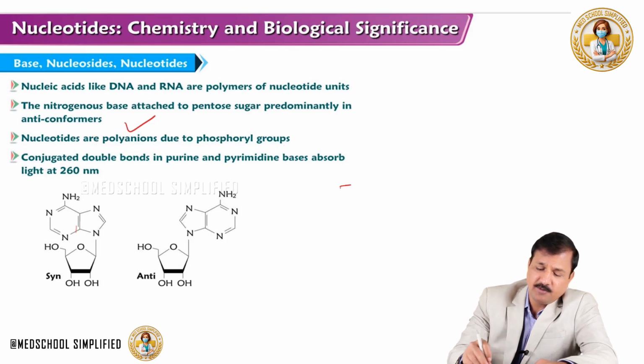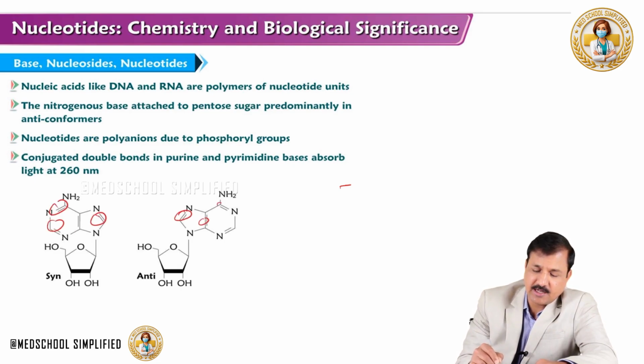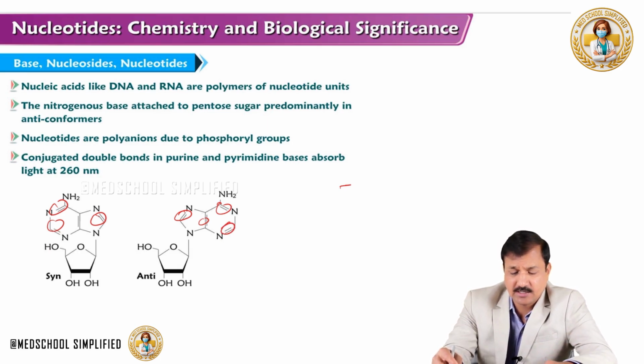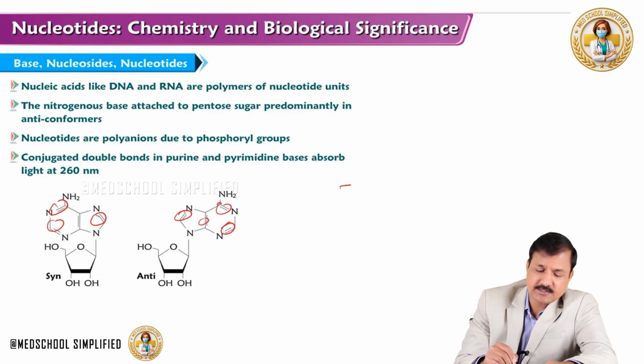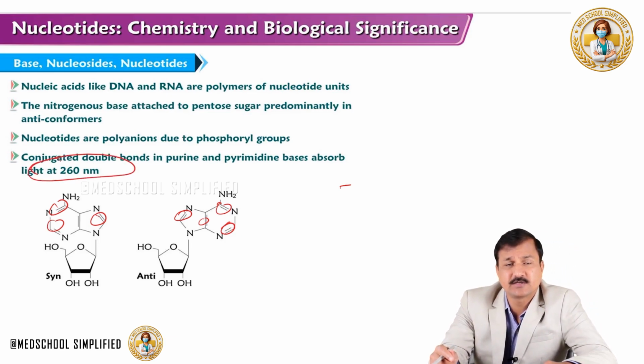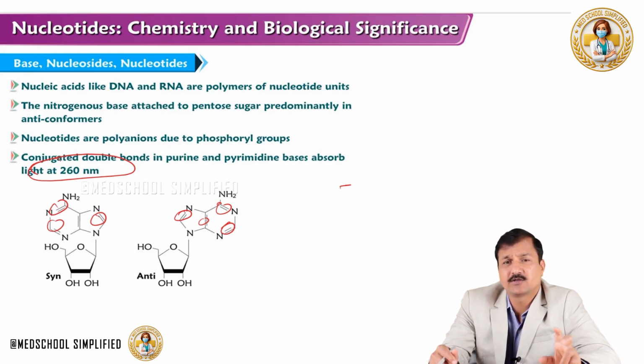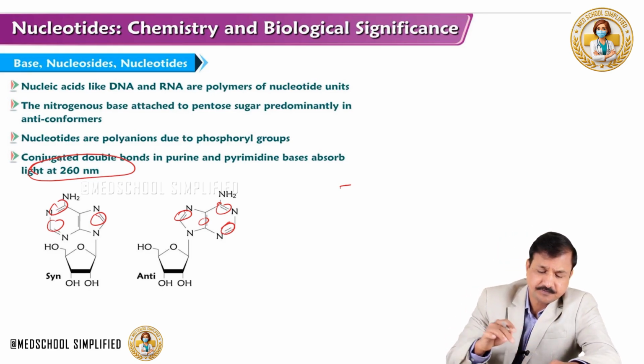Also, the double bonds present in the purine and pyrimidine bases absorb ultraviolet light at 260 nanometers, and this absorption contributes to the mutation effect of ultraviolet light on nucleic acids. That may lead to a mutation, which might lead to a cancerous condition later on.